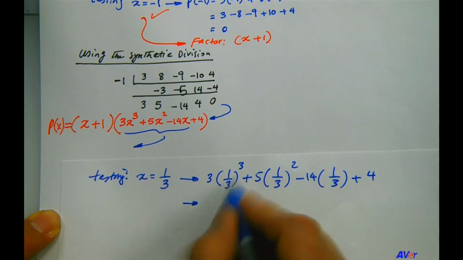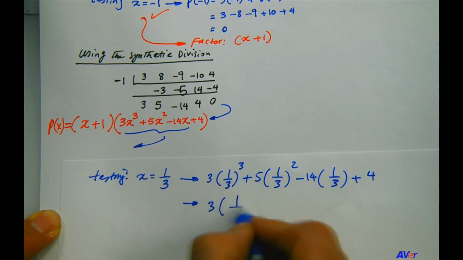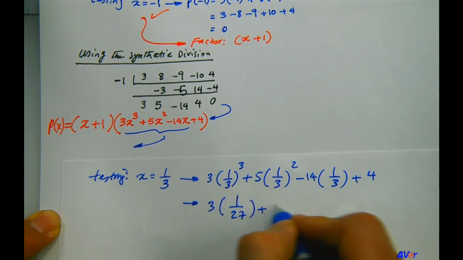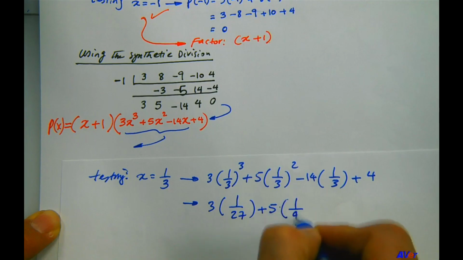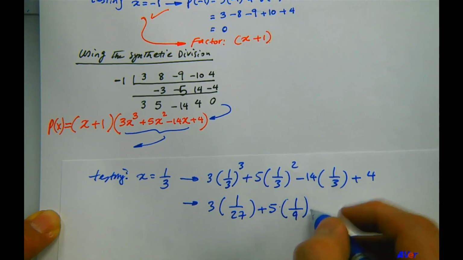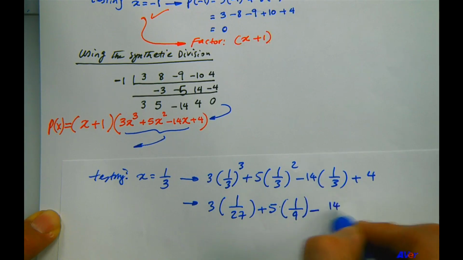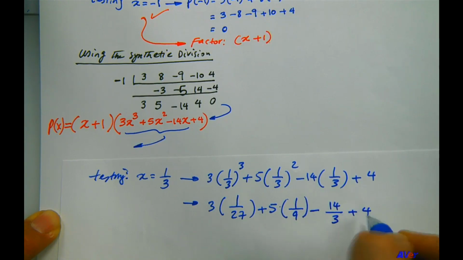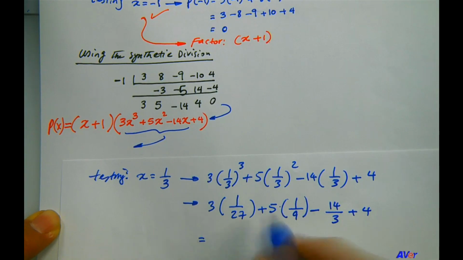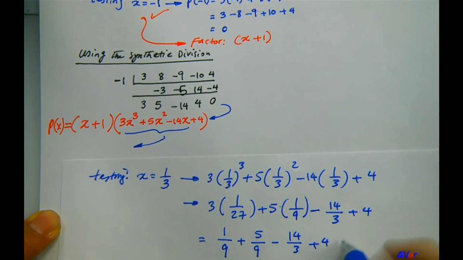So this would be 3 times 1 over 27 plus 5 times 1 over 9 minus 14 over 3 plus 4. So this will be 3 times 1 over 27, which is 1 over 9, plus 5 over 9 minus 14 over 3 plus 4.